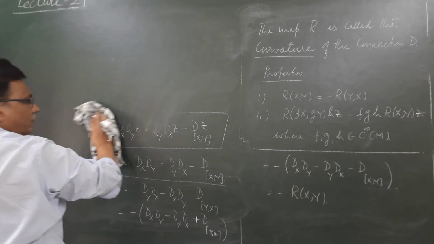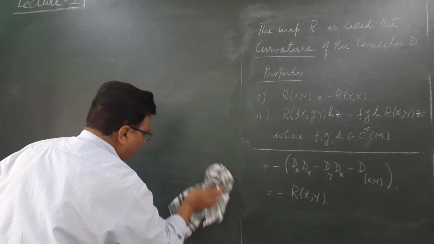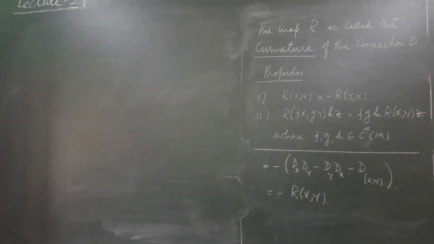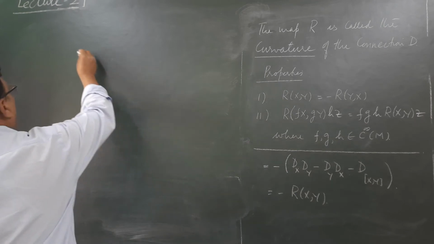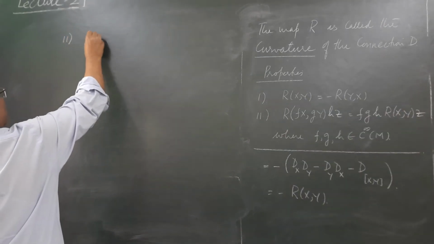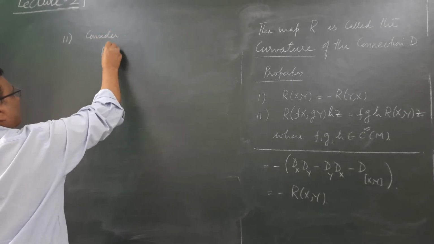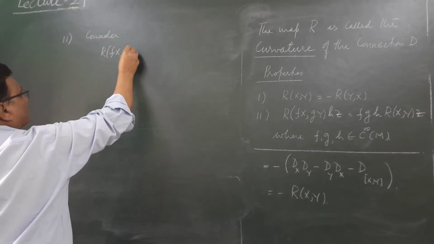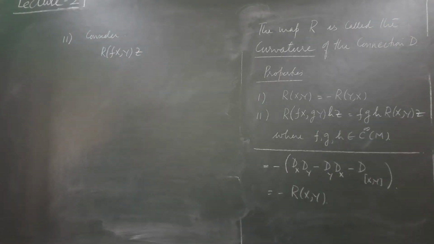To check the second one, I will do the same. I will verify it only for one function. So property number 2. Consider R of fx, y, z.